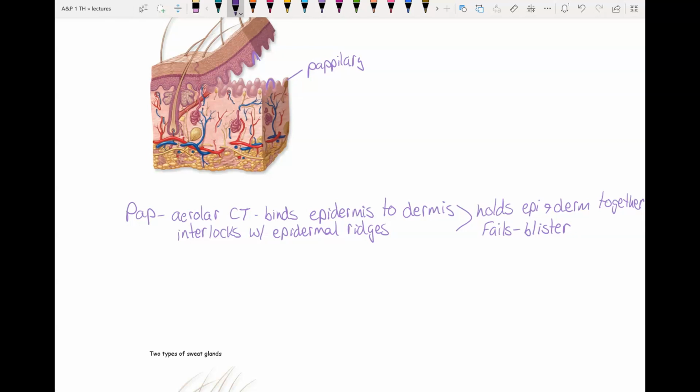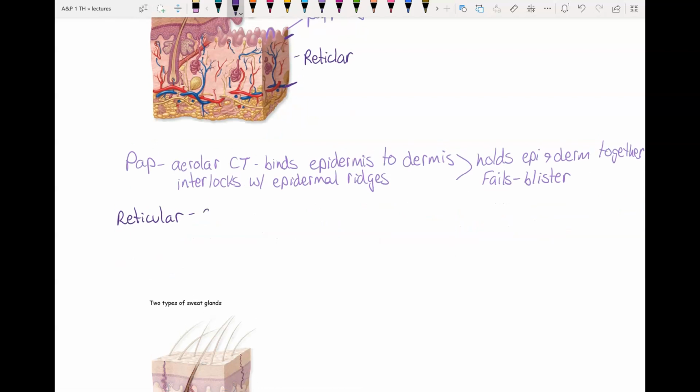Then below that, we have the reticular layer. This is the thickest part. So reticular is from here all the way to here. And the reticular layer contains the structures of the skin, which we already labeled earlier. It also has those blood vessels for thermoregulation.